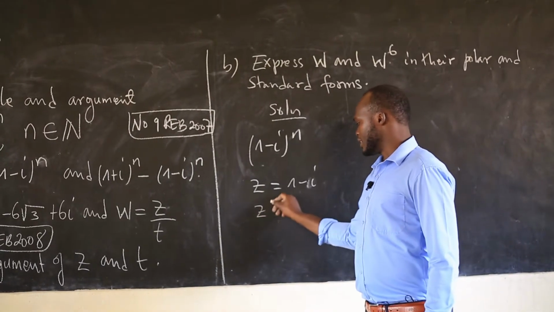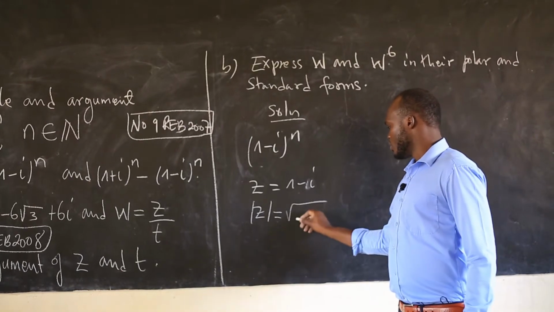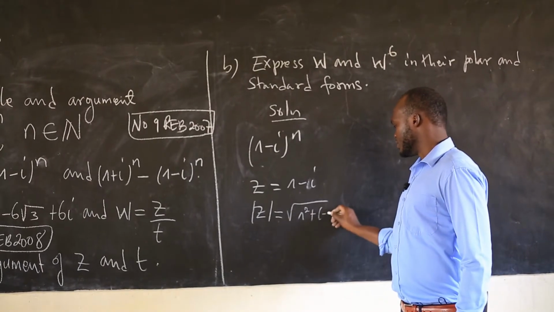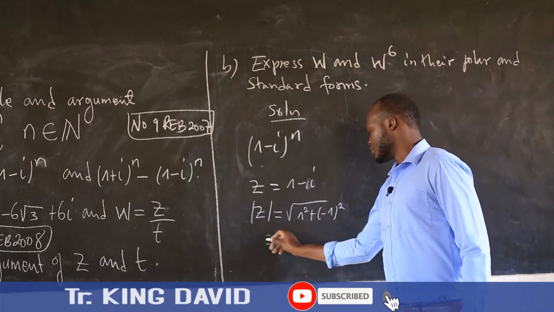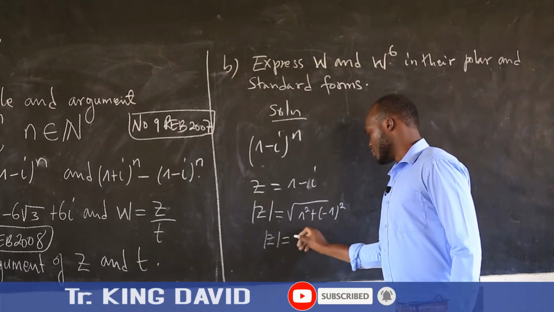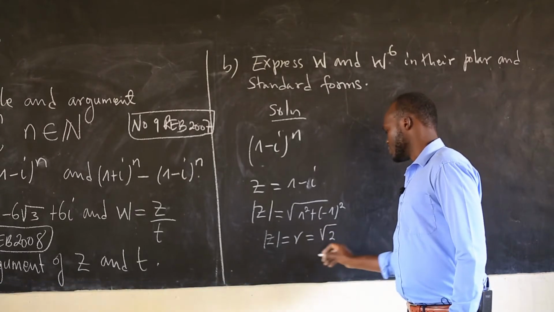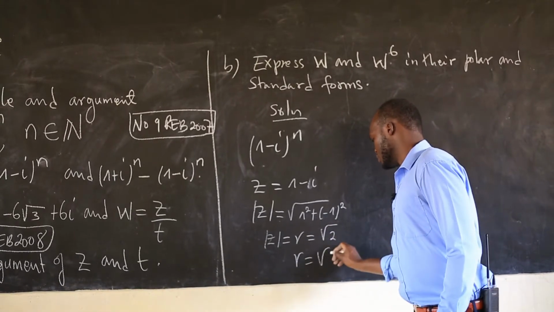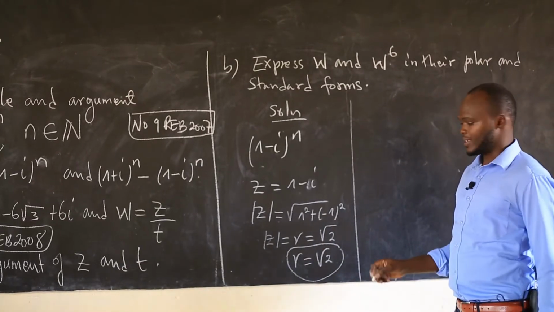The modulus of z is the square root of 1 squared plus (-1) squared. So finally, the modulus of z, which we call r, is root 2. From there, what is the argument?